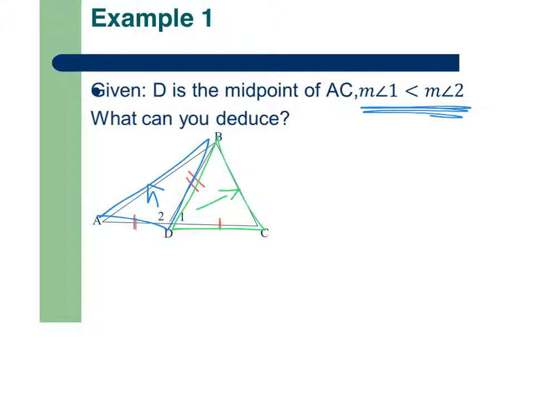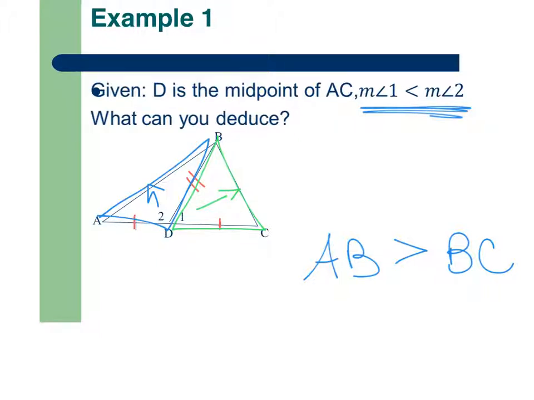What is that going to tell me about those sides AB and BC? What could I conclude? Tessie? AB is bigger than BC. Okay, so AB is larger than BC based on the Hinge theorem. Does that make sense?